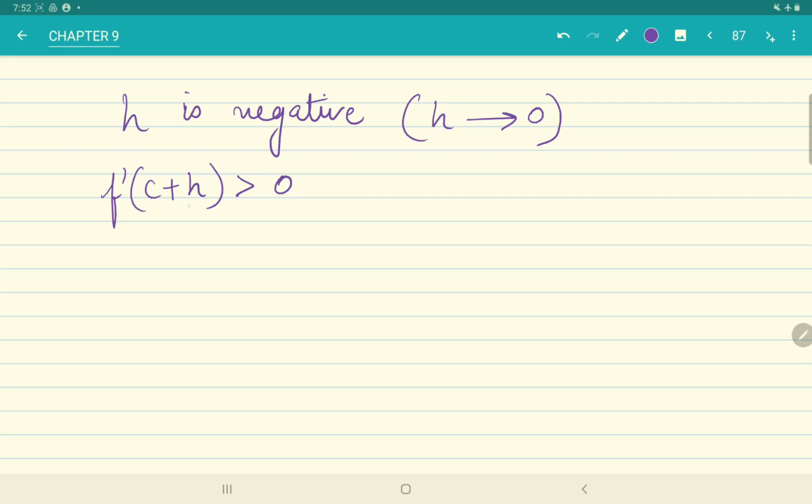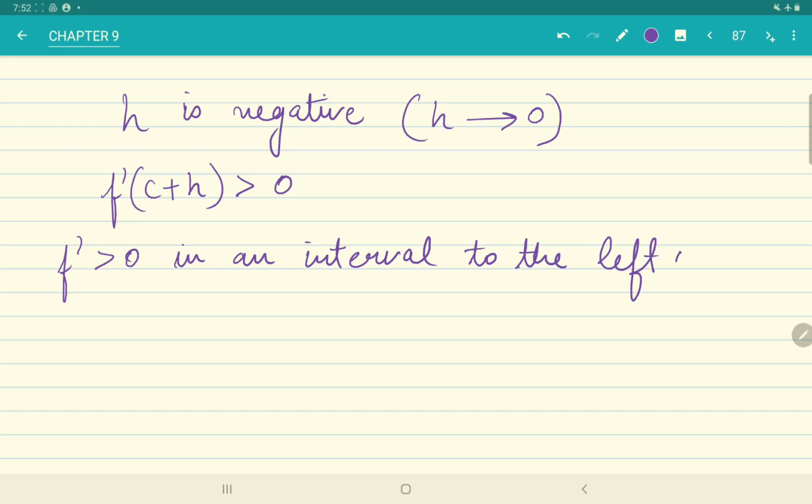h is negative, it is c plus h. That means we are thinking of an interval to the left of c. And what we see here is that in an interval to the left of c, f prime is positive. Why do I say left of c?